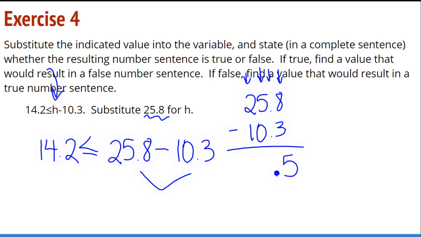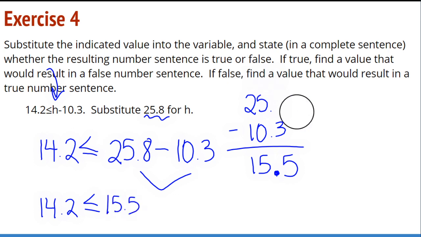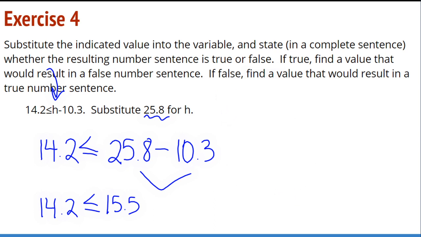Make sure that decimal moves with me, and 25 minus 10 is 15. 14 and 2/10 less than or equal to 15 and 5/10. And this is a true statement. If h is 25 and 8/10, this statement is true.